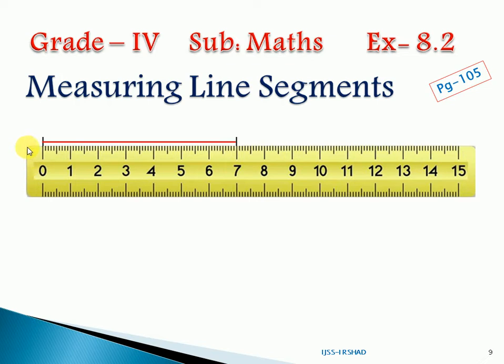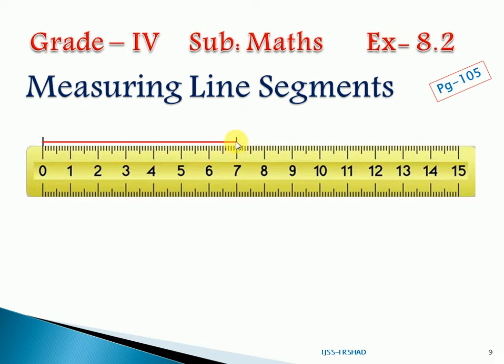Some students are having some confusion and starting measurement from here. So don't take measurement from here. You have to take the measurement from the 0 mark. So you have to keep the 0 mark of the scale on one point of the line segment, and then see on what mark the other point of the line segment is coming.